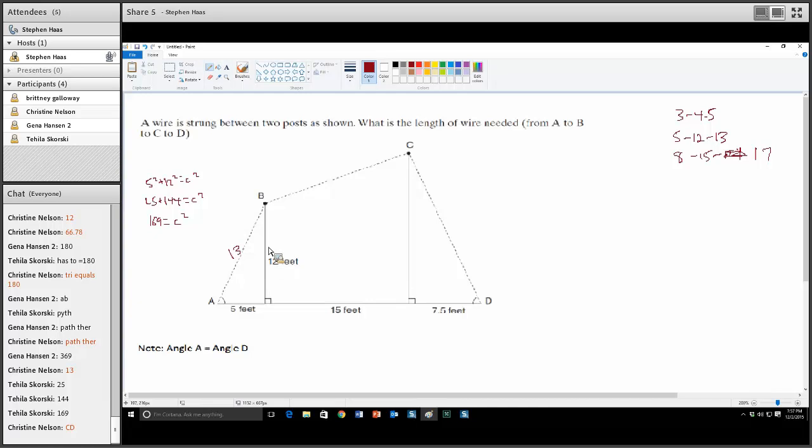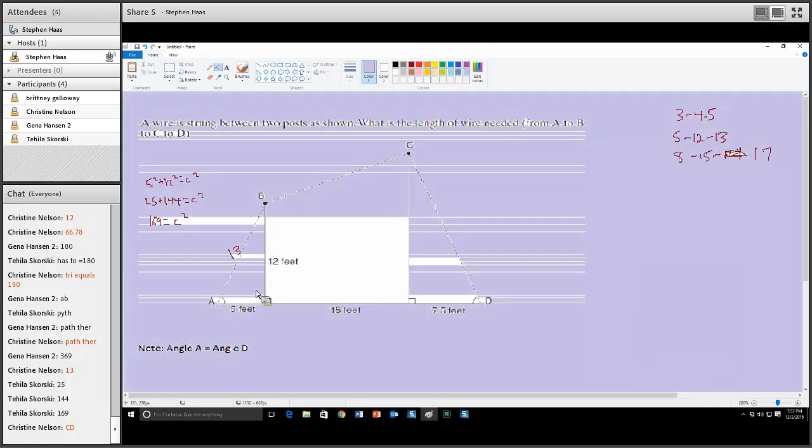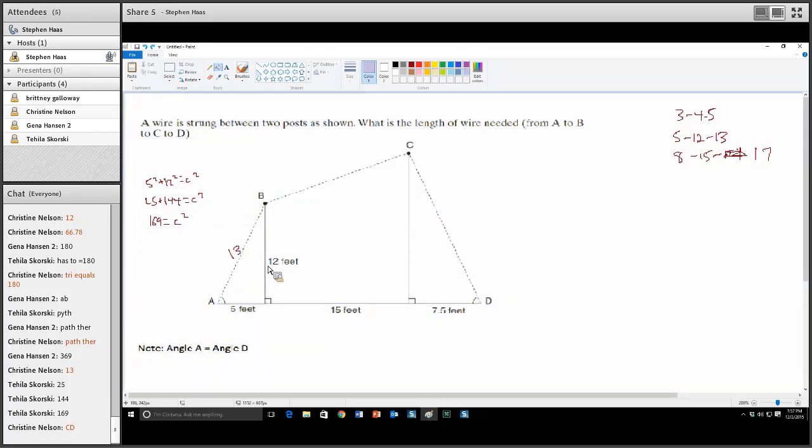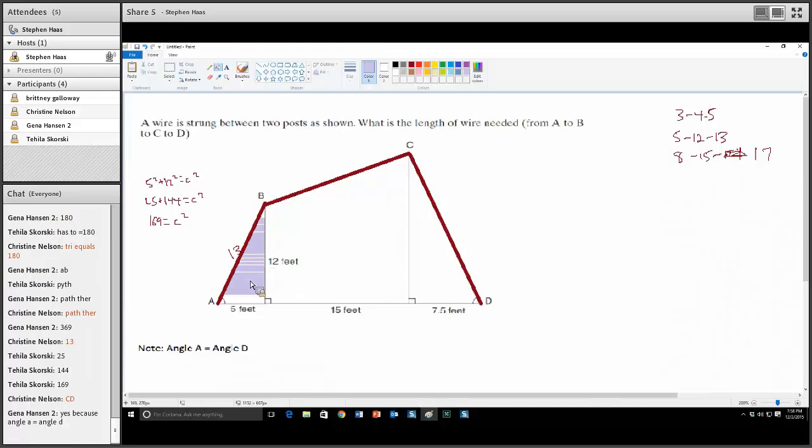Now, are these triangles similar? I think if I draw these... Okay.